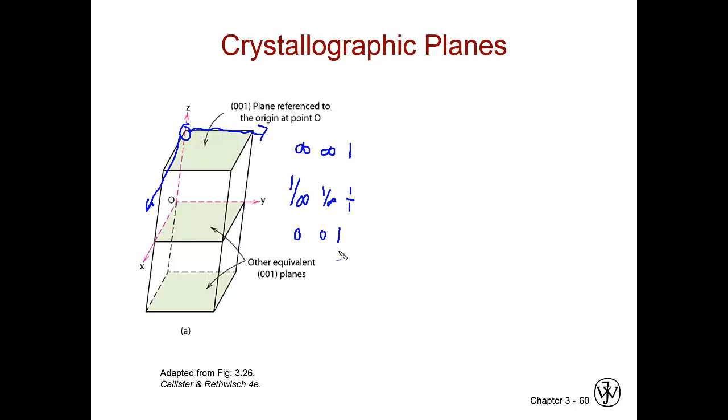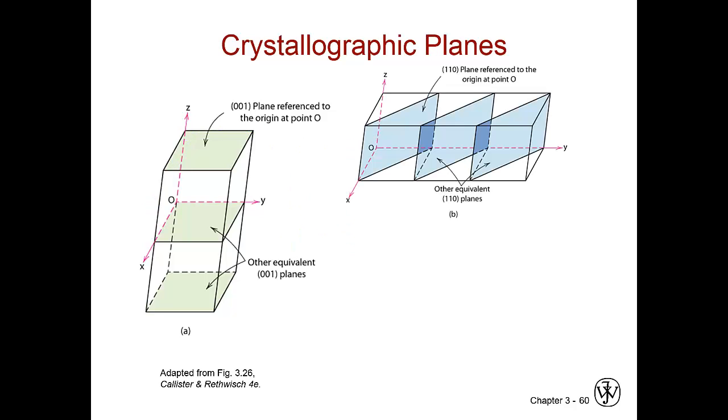And I make sure that my fractions are all in most simplified terms, and that we have integers, and I put them in these parentheses. And that's how we end up with a 001 plane. Notice that each one of these planes is also parallel to the other. So even though this one might be 001 bar, that's fine. It's still an equivalent 001 plane.